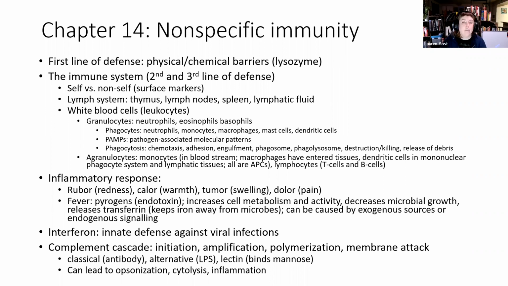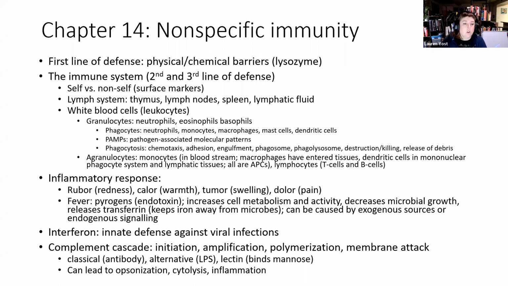We also have the phagocytes. A lot of these, neutrophils are also considered phagocytes. And then other phagocytes are going to be our monocytes and our macrophages. The mast cells are included, those nasty mast cells involved in your allergies. And then the dendritic cells. Some of those become those antigen presenting cells.